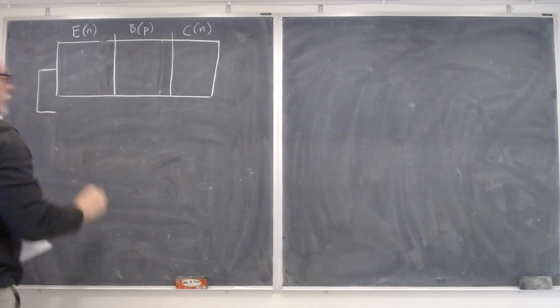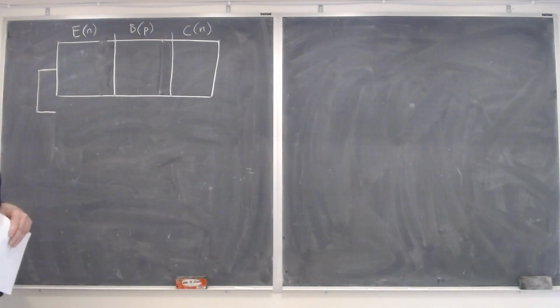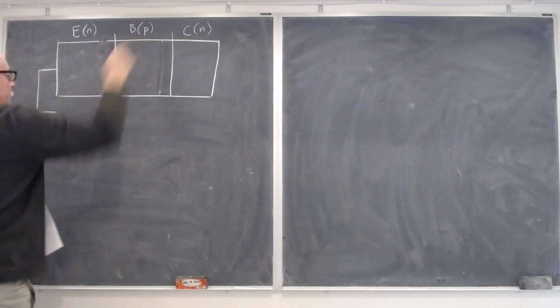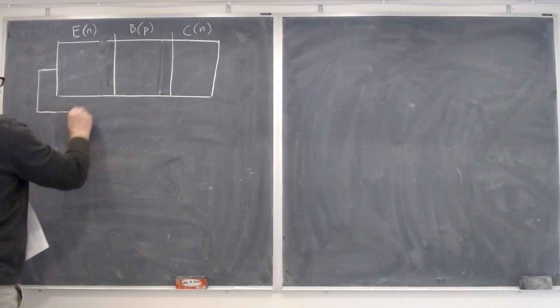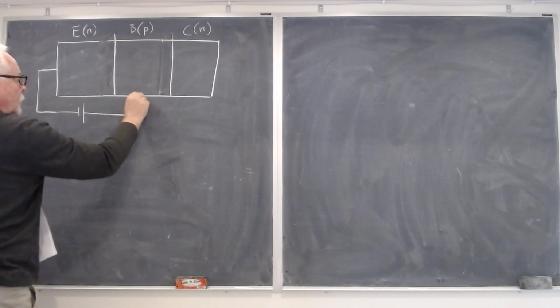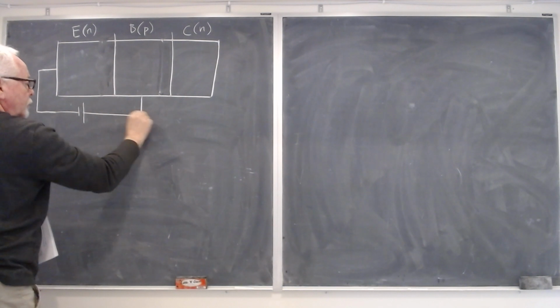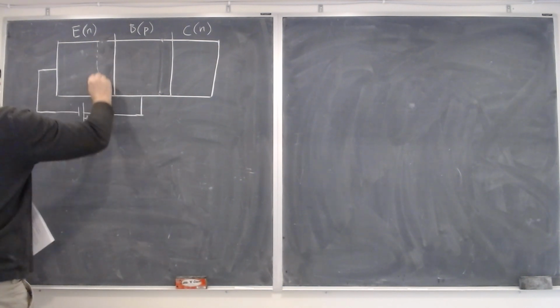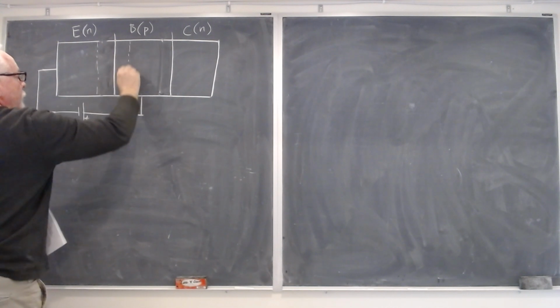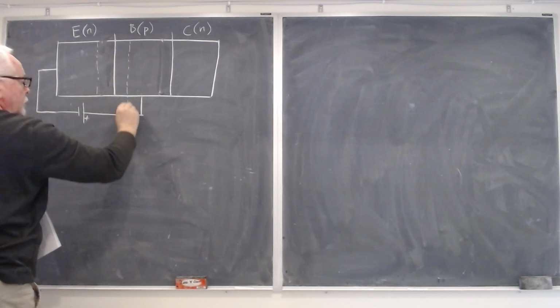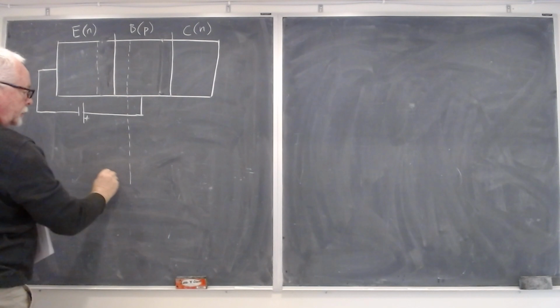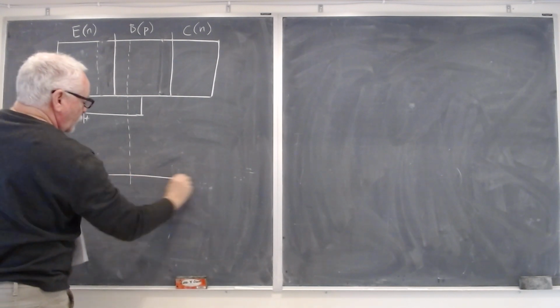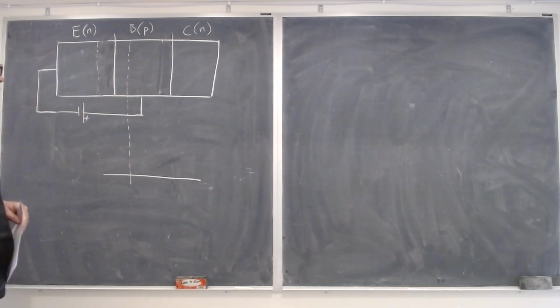And remember your mnemonic: to forward bias, you put a positive voltage on the P side. Let's do this in stages.